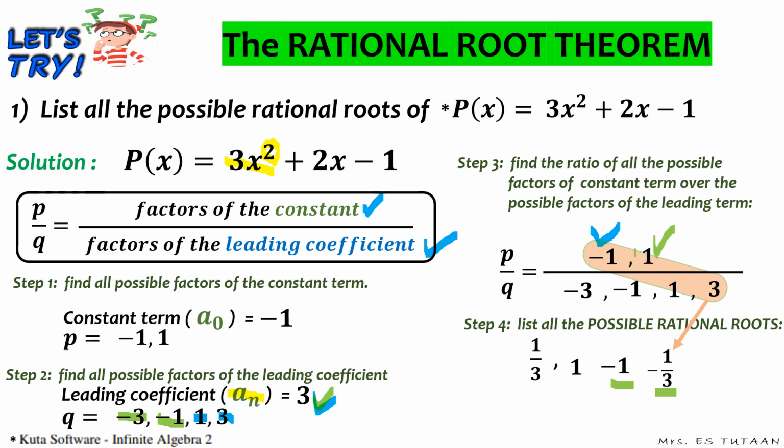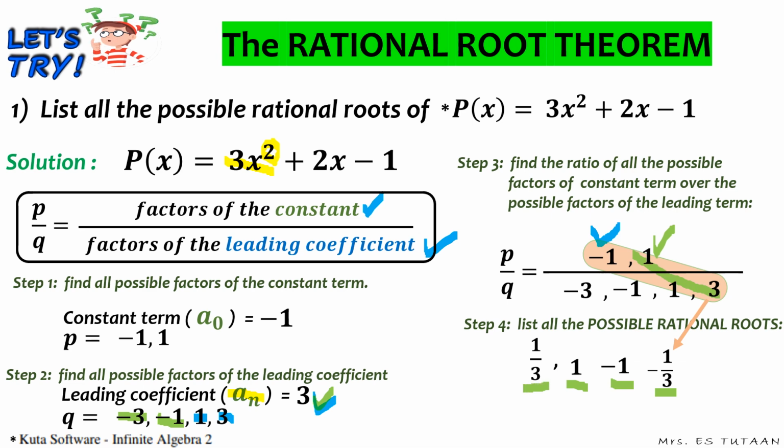Positive 1 divided by positive 1, that will give us positive 1. Meron na rin. So, hindi na natin kailangan ulitin ang pagkakasulat ng possible root na yan. And then last, we have 1 divided by positive 3. So, that will give us positive 1/3. So, meron na.